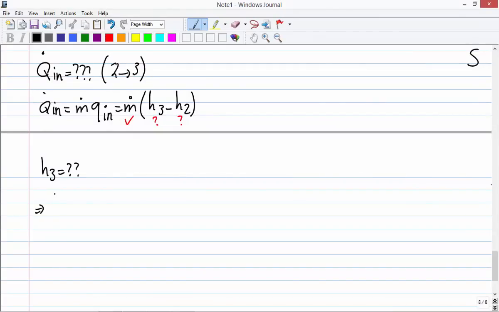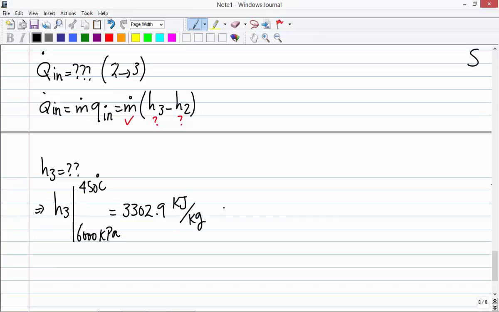Therefore, H3 at 6,000 kPa and 450 degrees C based on the table would be 3302.9 kilojoule per kilogram. Everything is per mass because these are specific parameters.